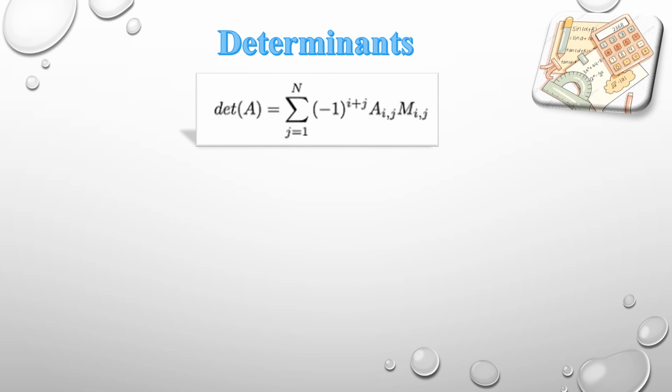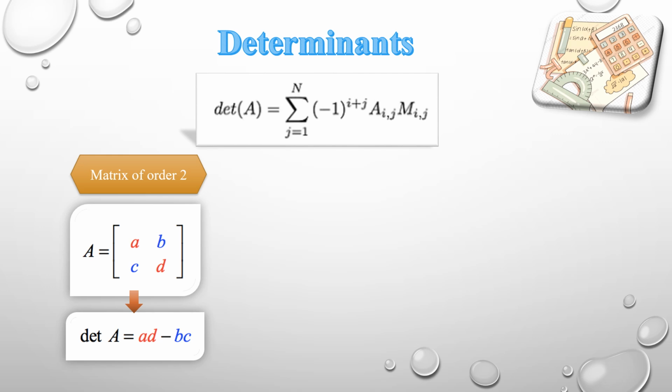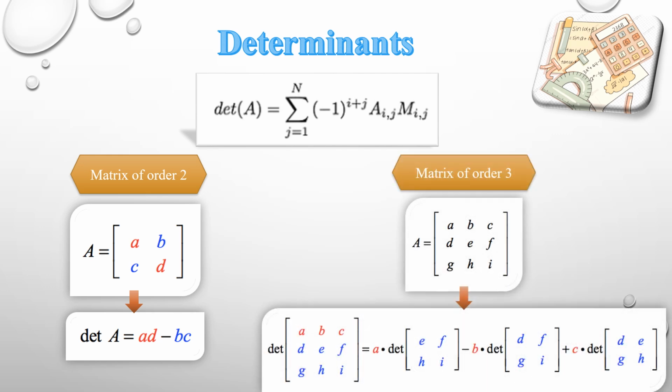For a matrix of order 2, the determinant is computed by multiplying the elements on the main diagonal and then subtracting the product of the elements of the other diagonal. For a matrix of order 3, the determinant is more complex. It is calculated by expanding along any row or column using the determinants of submatrices of order 2 by 2.